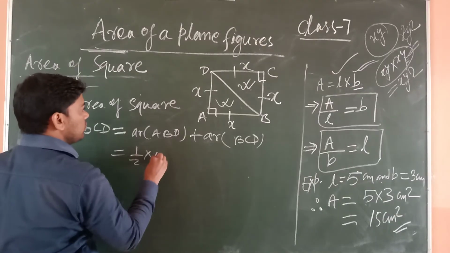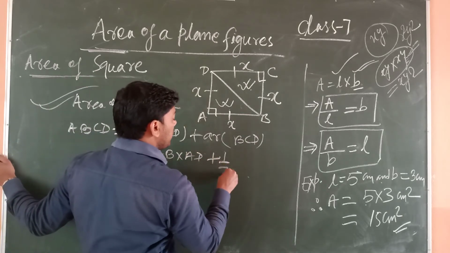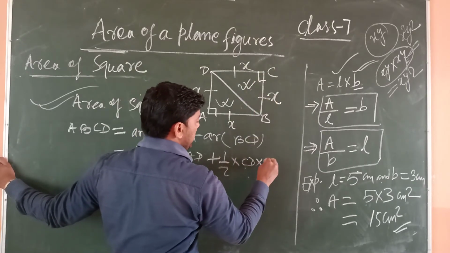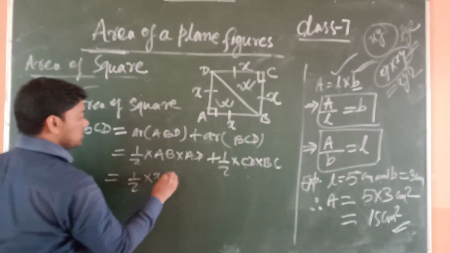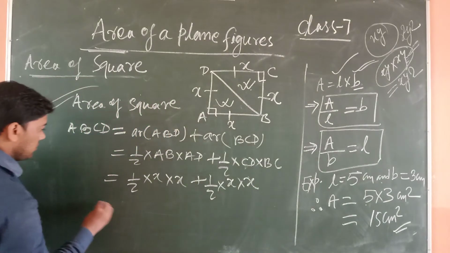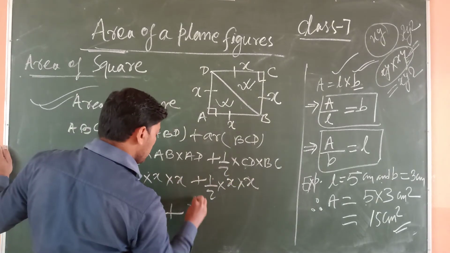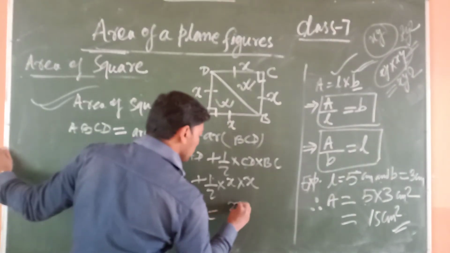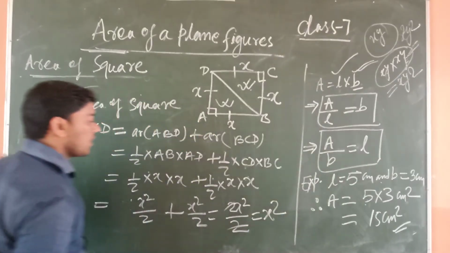ABD is 1/2 into base AB into height AB, plus 1/2 into base CD into height BC. That is 1/2 into x into x plus 1/2 into x into x, which is x square upon 2 plus x square upon 2, so 2x square upon 2. The 2 by 2 will be cancelled, giving x square.